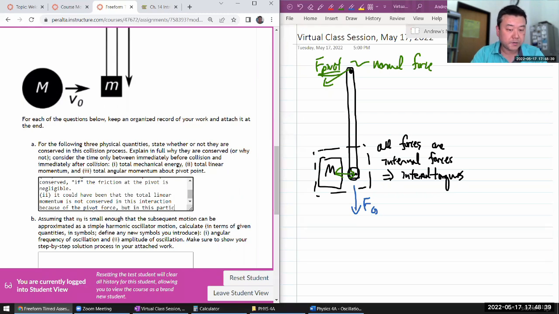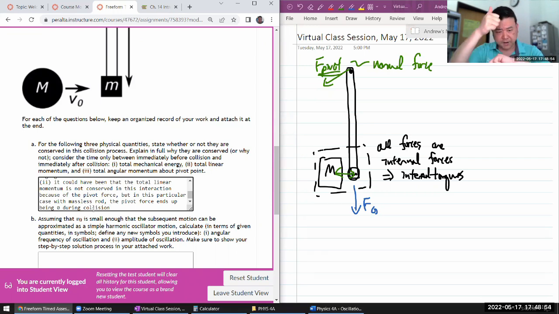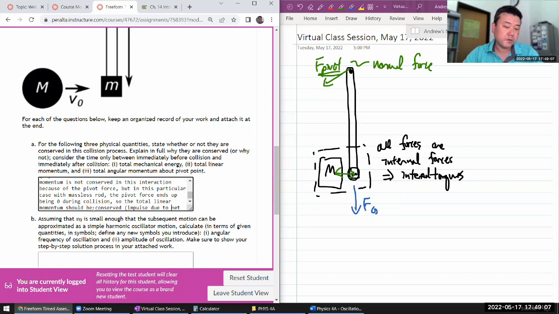But in this particular case with the massless rod, the pivot force ends up being zero during the collision, other than the one needed to counter gravity. So the total linear momentum should be conserved. That is, the net impulse due to net external forces is equal to zero.